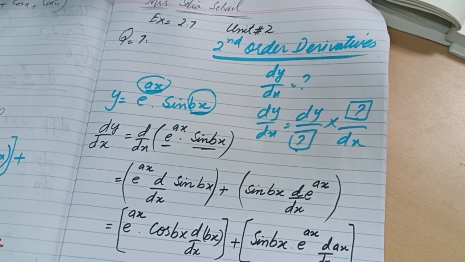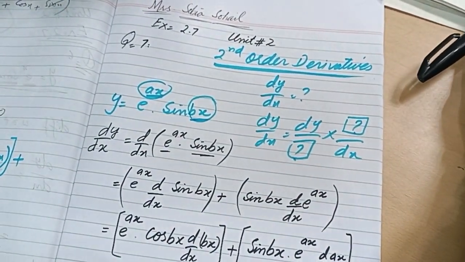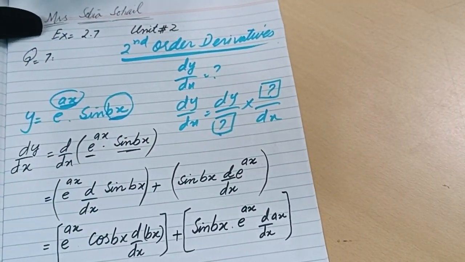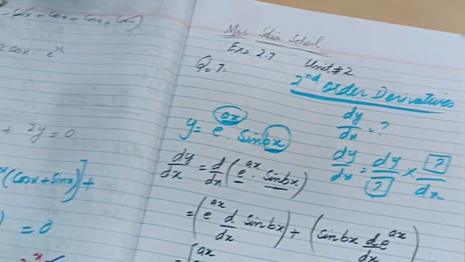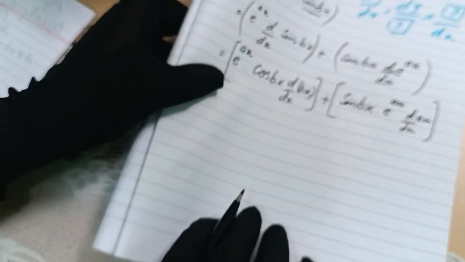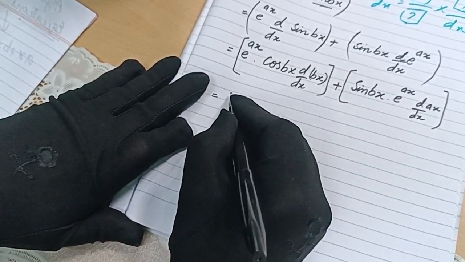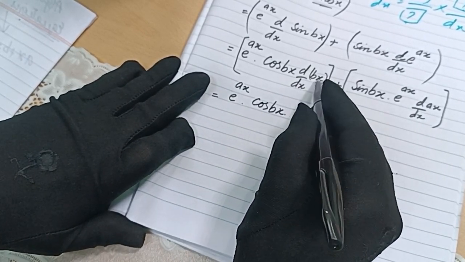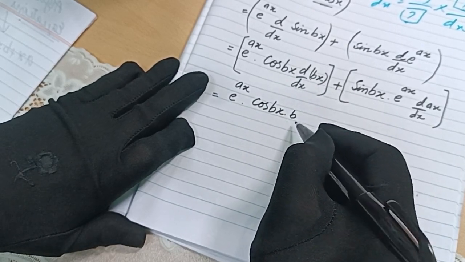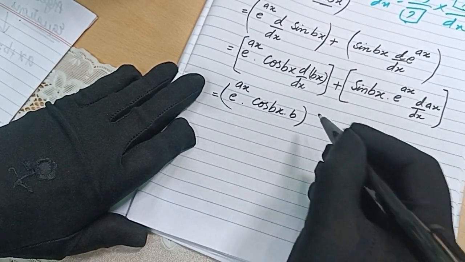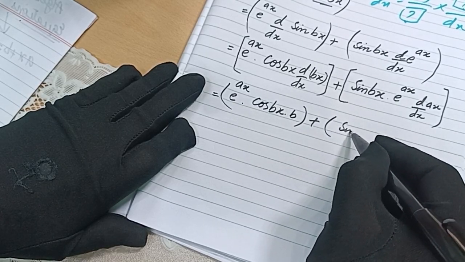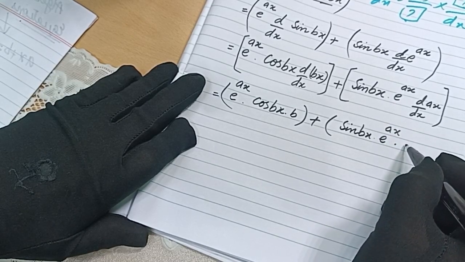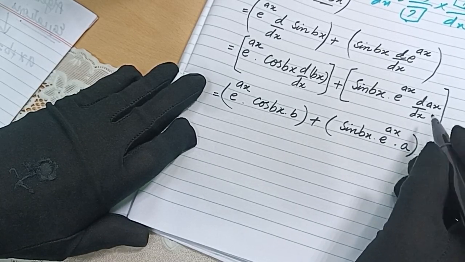Let me write this down: e power ax as it is, cos of bx as it is, and the derivative of the angle is b. The first part is complete. Plus sine of bx as it is, e power ax as it is, and the derivative of ax is only the coefficient a, since the derivative of x is 1.